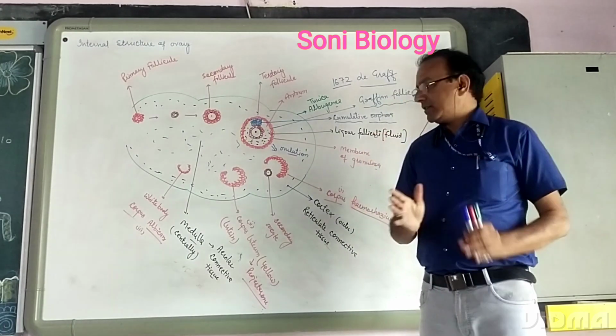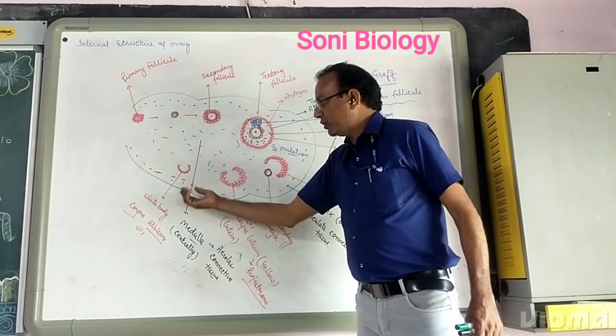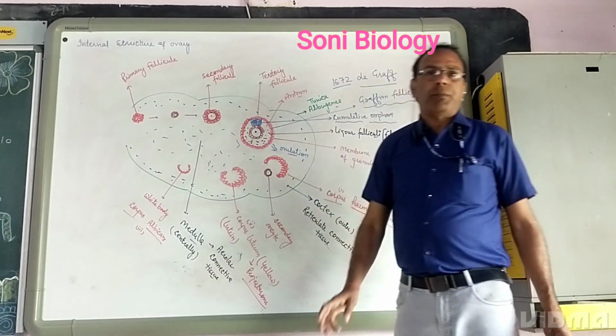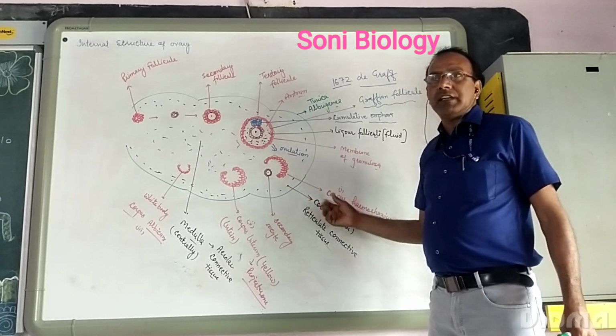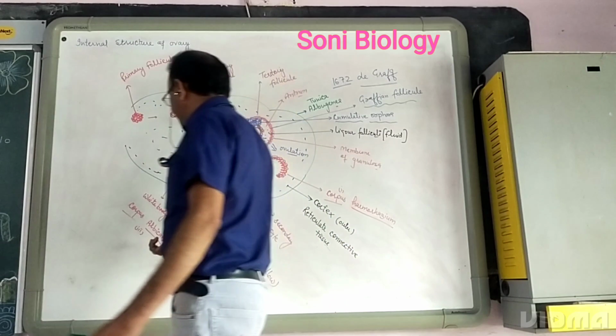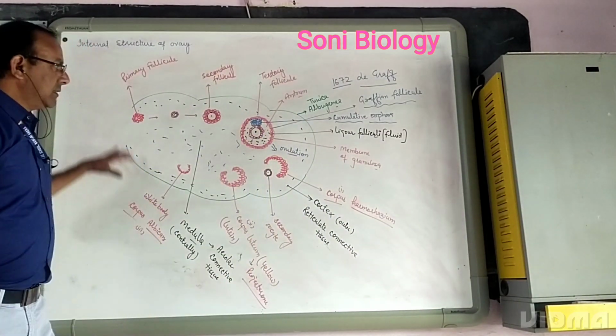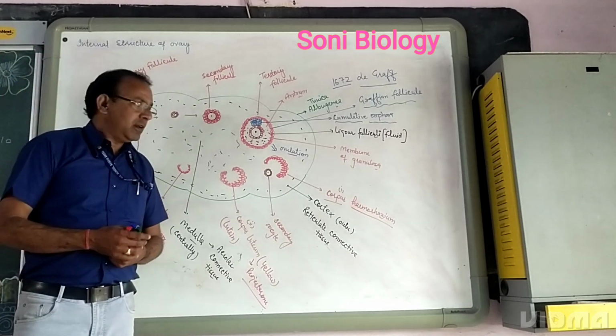But if the egg is not fertilized, the corpus luteum starts to degenerate and changes into a white body, called corpus albicans. So at the time of ovulation there are three phases: corpus hemorrhagium, corpus luteum, and corpus albicans. This is the internal structure of the human female ovary.